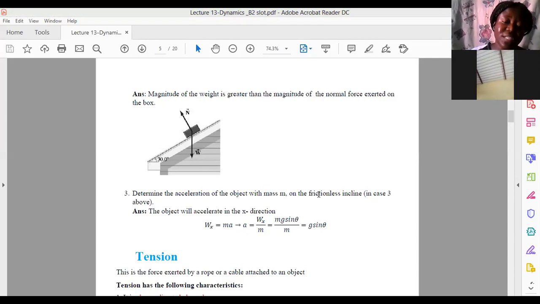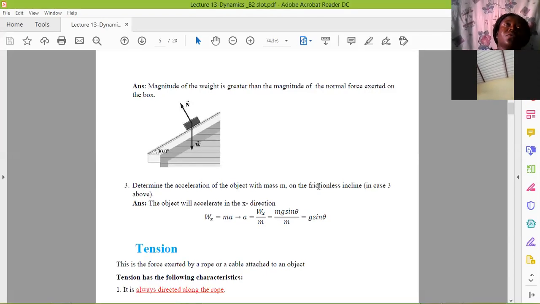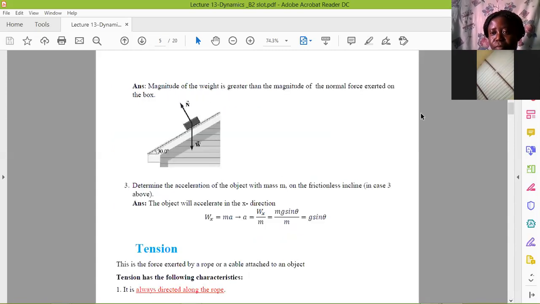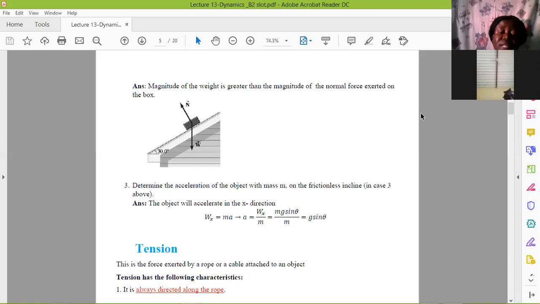Okay, so these are the things that are acting on the body. A tension refers to the force exerted by a rope or a cable. The force is for objects that are attached together, maybe by a spring, a rope, or a cable.